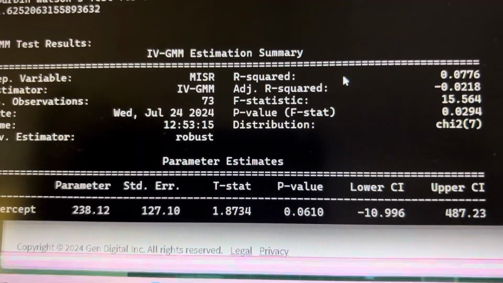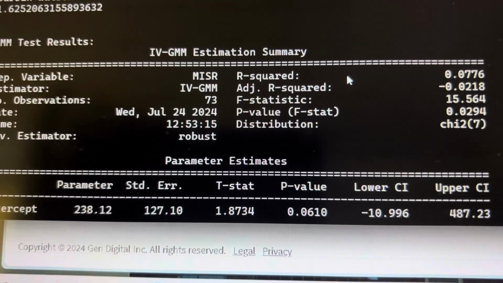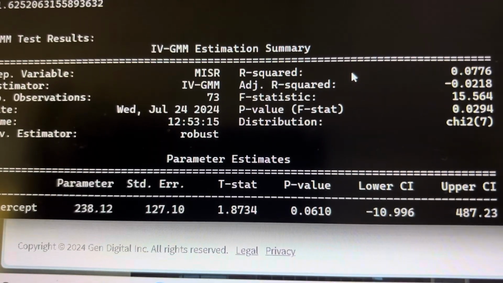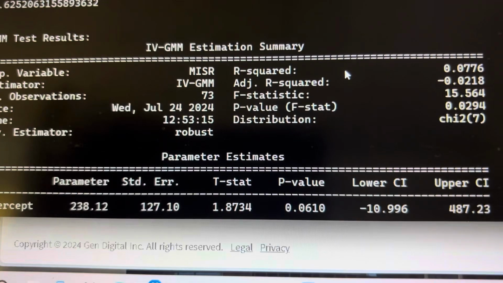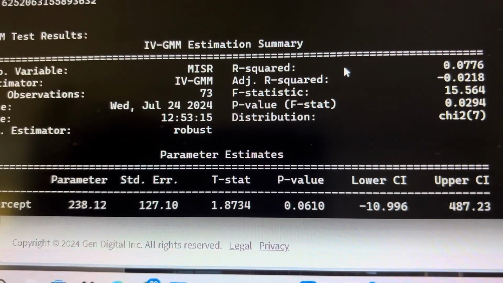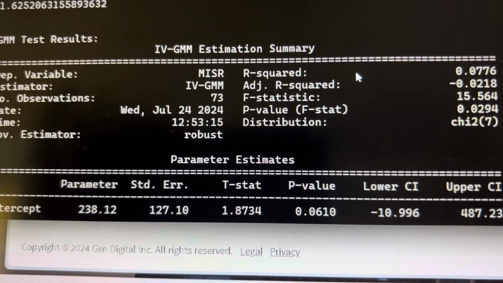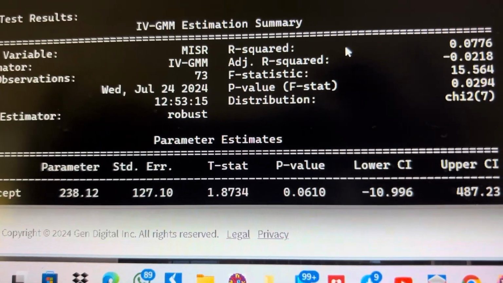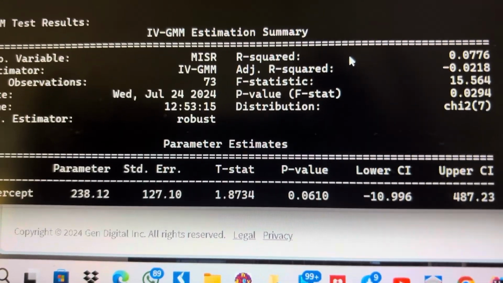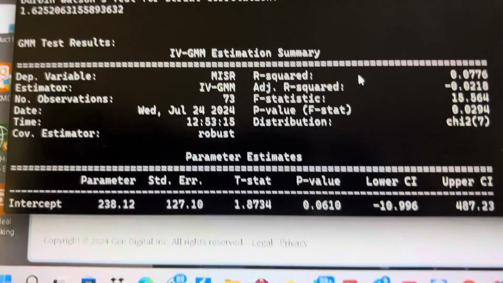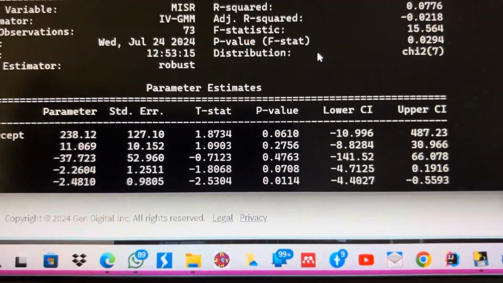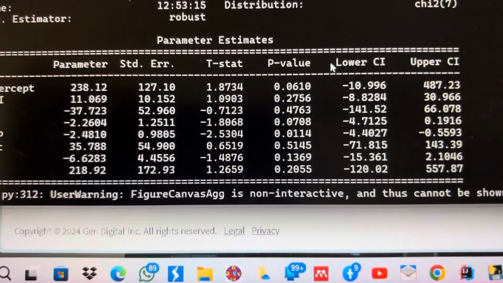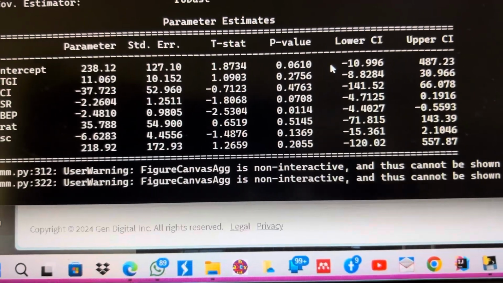The model is fit, despite the fact that the adjusted R squared is giving a minus, but the F statistic is showing us that the model is fit. And then the distribution is the chi-square, which is 7 degrees of freedom.